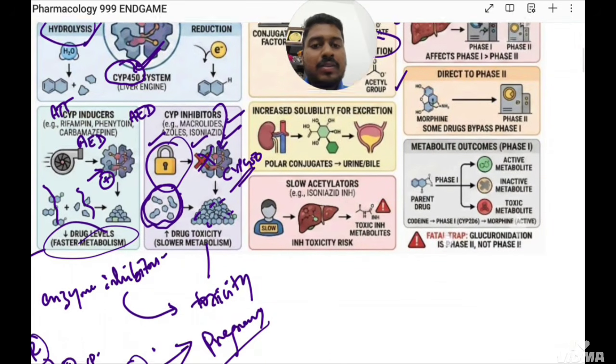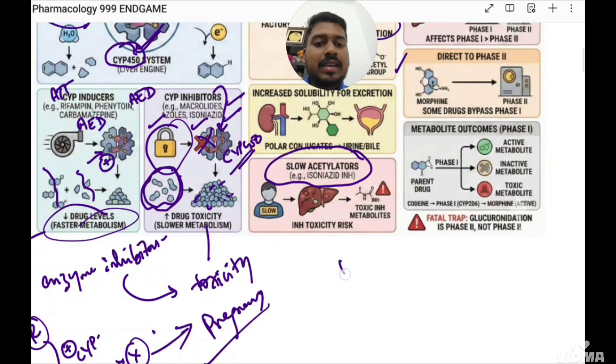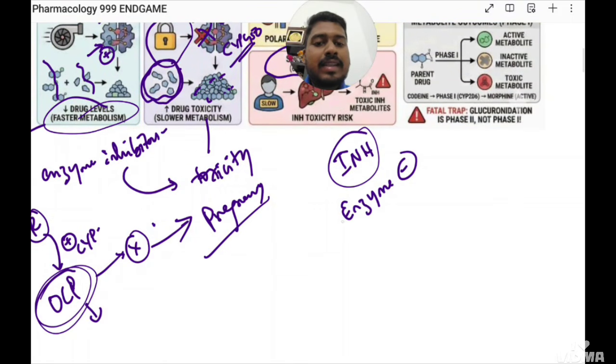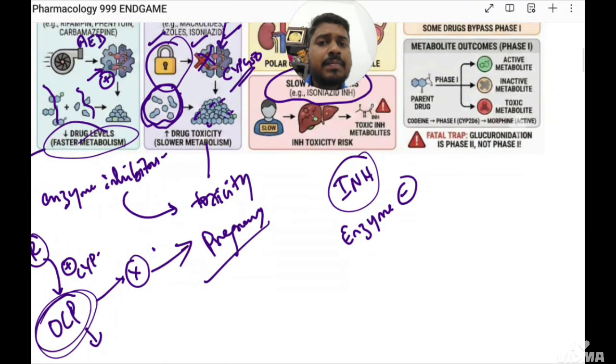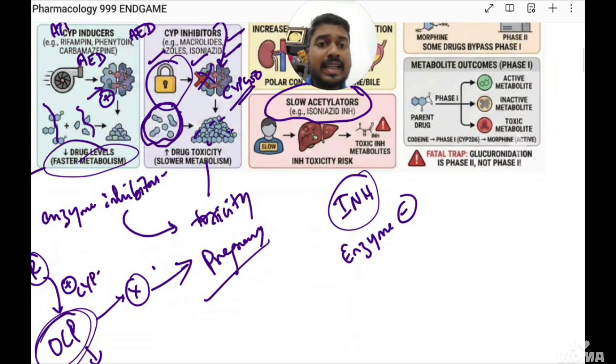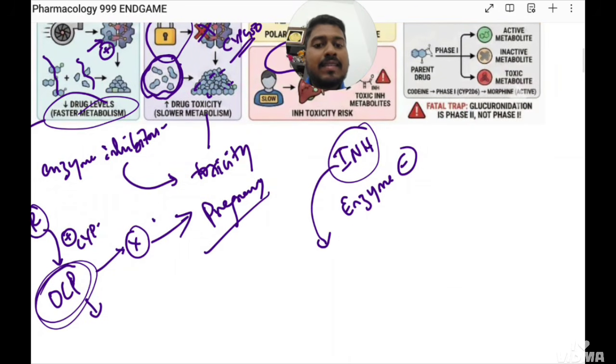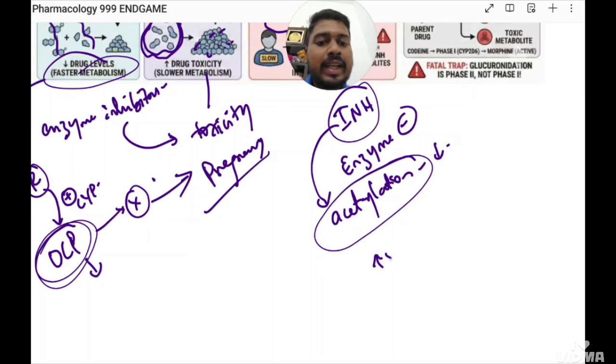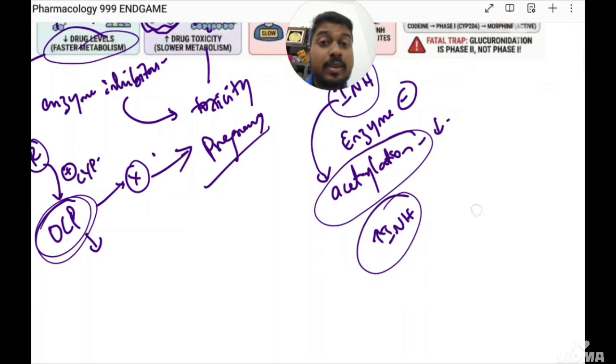Now there are something known as slow acetylators, which comes in respect to a drug called isoniazid. You know that isoniazid is an enzyme inhibitor. Now isoniazid is excreted via acetylation. There are some people with genetic polymorphisms in whom acetylation is delayed, as a result of which more INH accumulates, and this leads to INH toxicity.